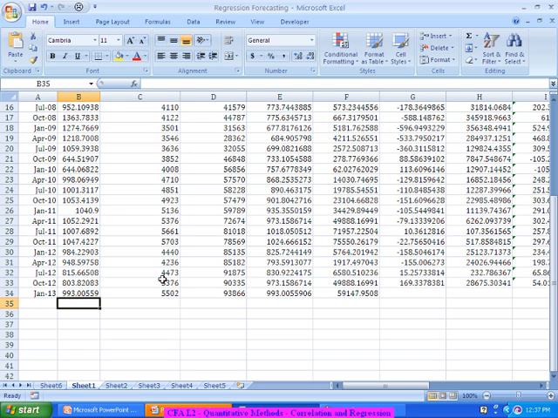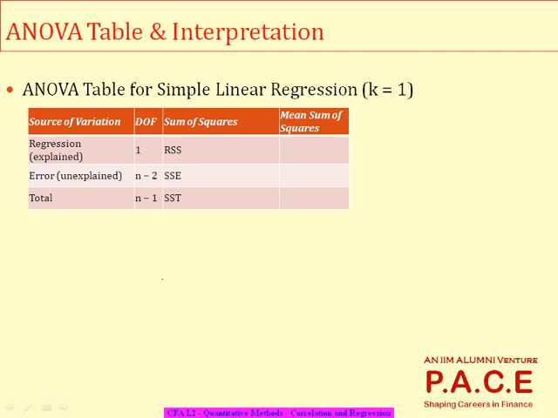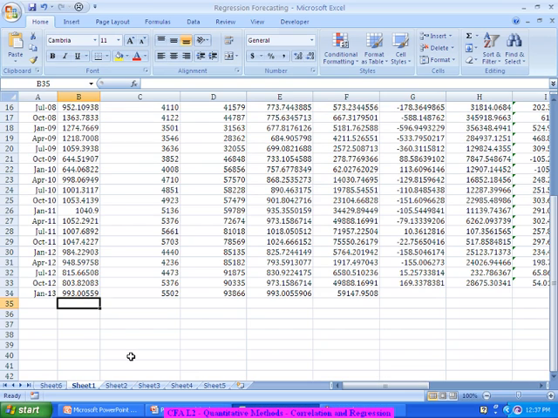But there is a standard error associated with the predicted value. What is the standard error? We got it as 274. If I have to build a 95% confidence interval around it, all we are saying is whatever my predicted value is, plus or minus 1.96 times the standard error.